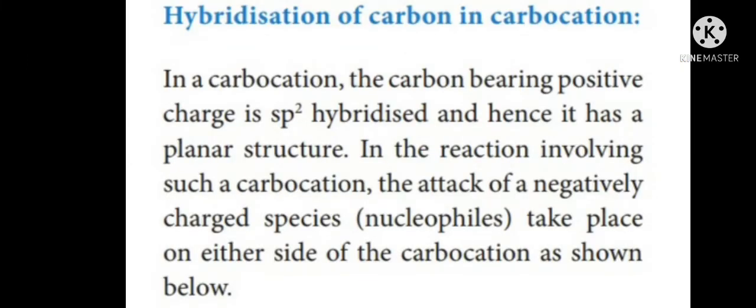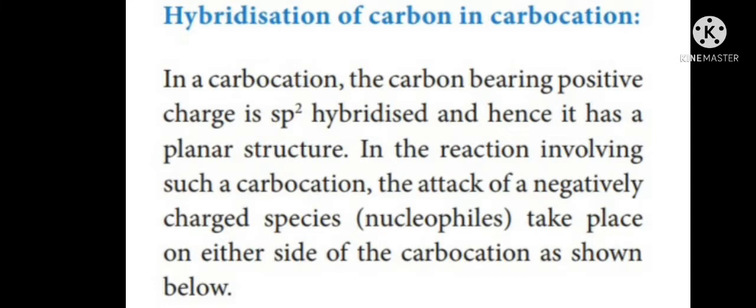Next topic, hybridization of carbon in carbocation. Here, carbocation means carbon with positive charge. In a carbocation, the carbon bearing positive charge is sp2 hybridized. Hence, it has a planar structure.